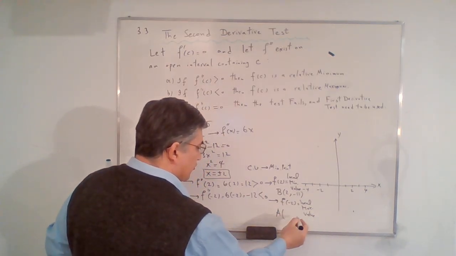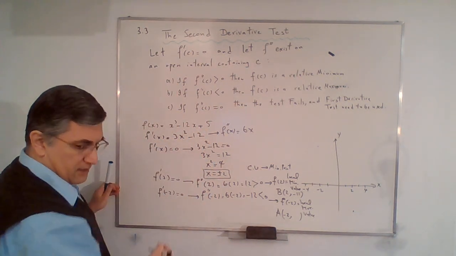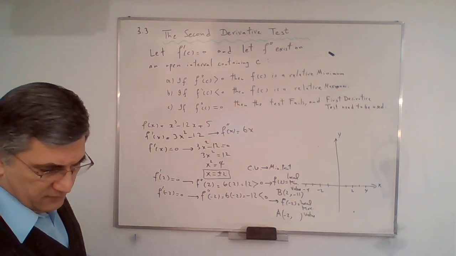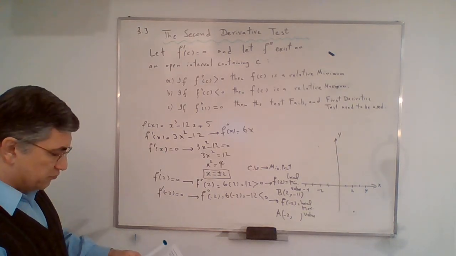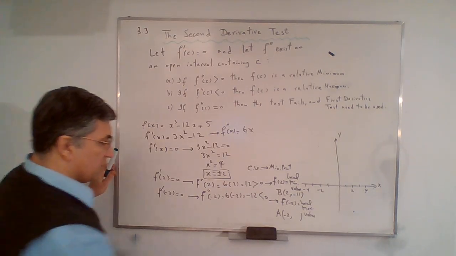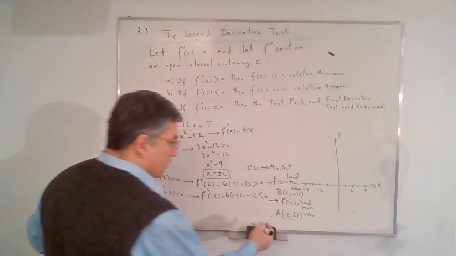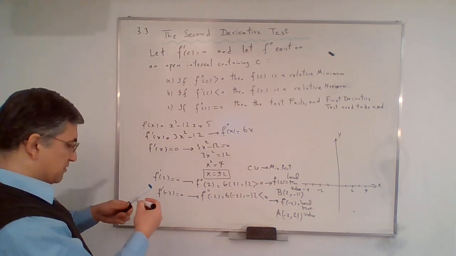And if I call the point A, whose x coordinate is negative 2, you plug in negative 2 in the equation. Negative 2 raised to the power of 3, minus 12 times negative 2, plus 5. Use your calculator, and the answer would be positive 21. There you go. So this is your local maximum point, and point B was the local minimum point.